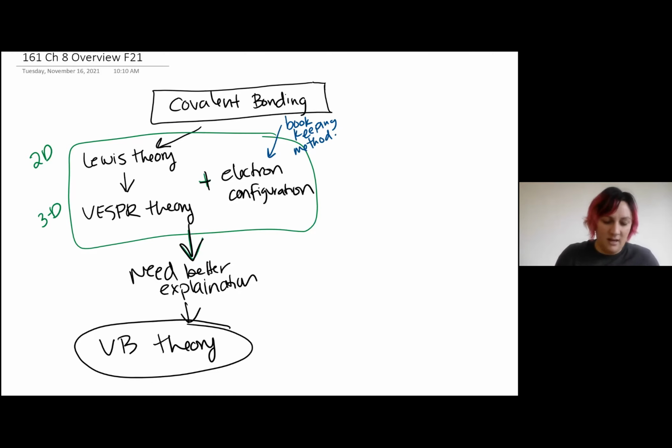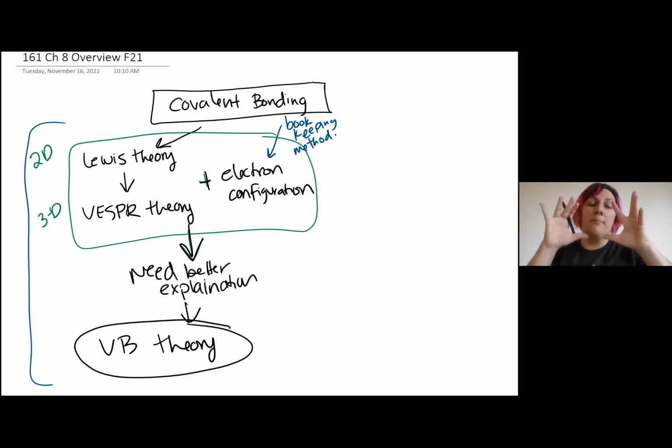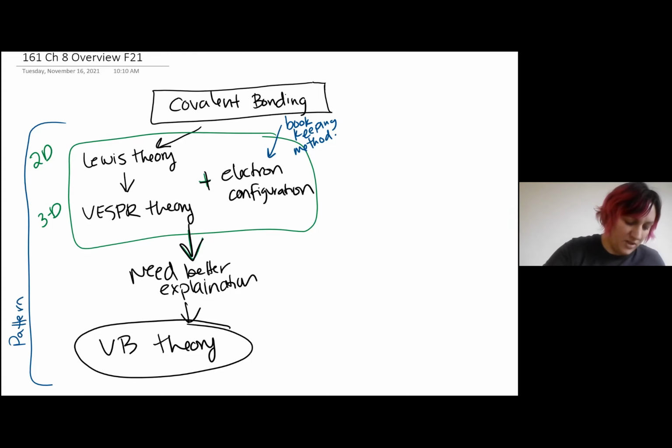In fact, I would say all of this is really a way for us to impose a pattern on our set of observations of how atoms arrange themselves into covalent molecules. But it's a pattern we impose so we can easily make predictions. And it works a lot of the time, but it doesn't do a good job of explaining what's actually happening in nature. So this is a pattern for making predictions, and not really much more.